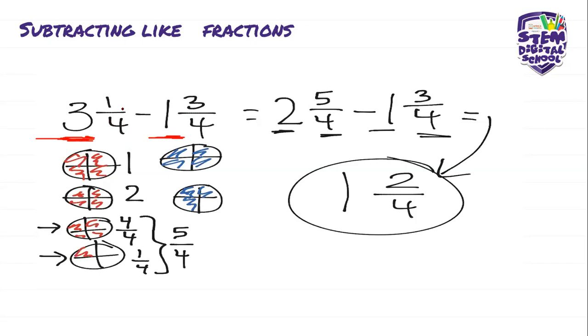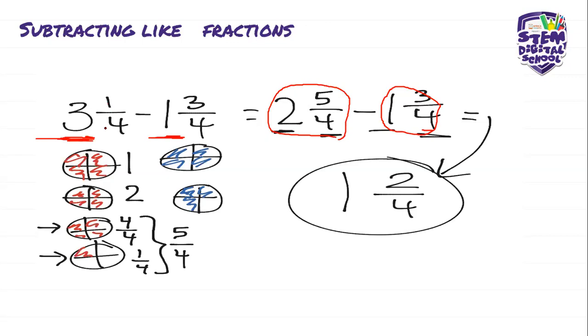Because the proper fraction here is smaller than this one, and we need the entire fraction here to be more than this one. So what happens is that we take out one whole here and add it to this one.